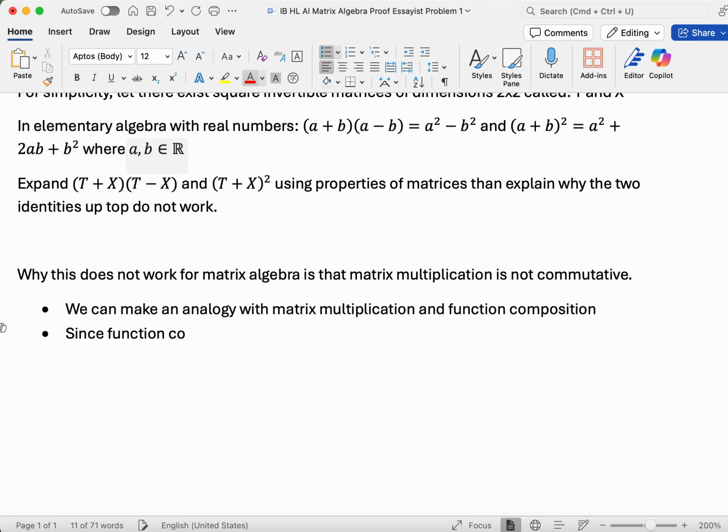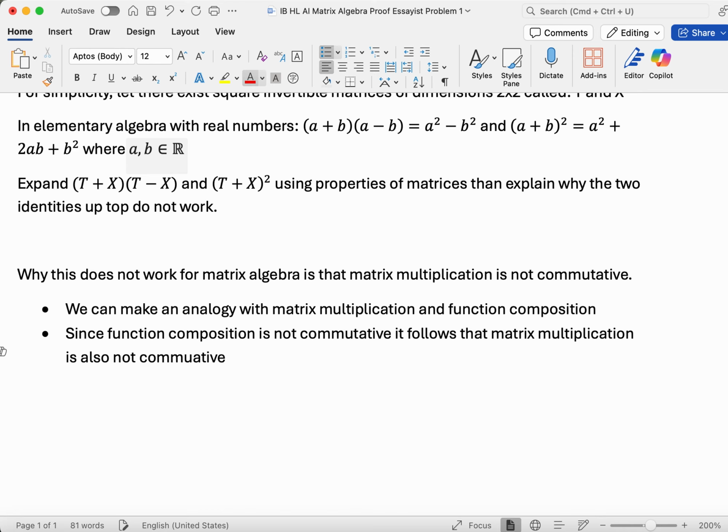Since function composition is not commutative, it follows that matrix multiplication is also not commutative by analogy. So that's basically a 2 or 3 proposition argument for it. And I can give a quick example, but not with numbers, unfortunately, because I'm not good with numbers, as to why function composition is not commutative.